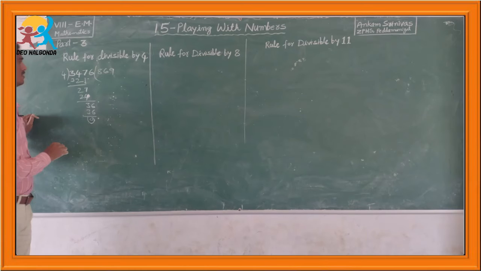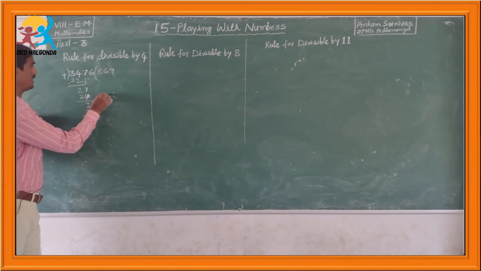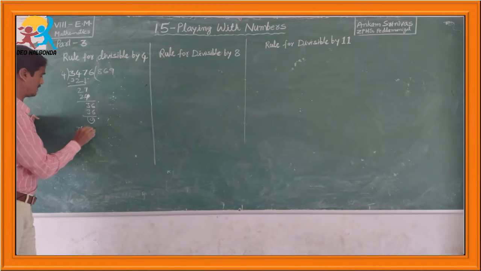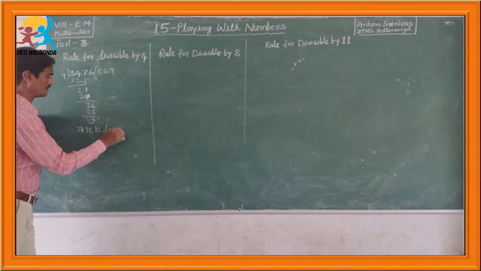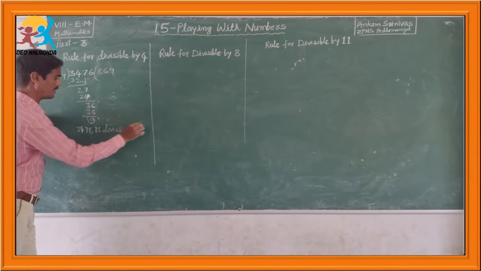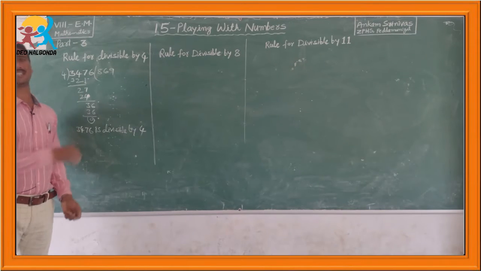So the remainder is 0. So 3476 is divisible by 4. This is the actual division.